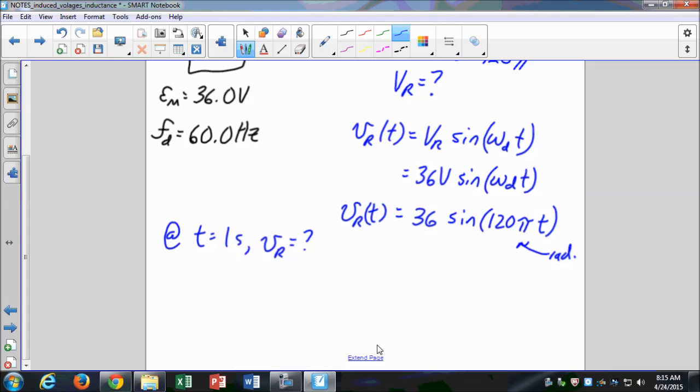What do you got, 1.4? Somebody confirm that?